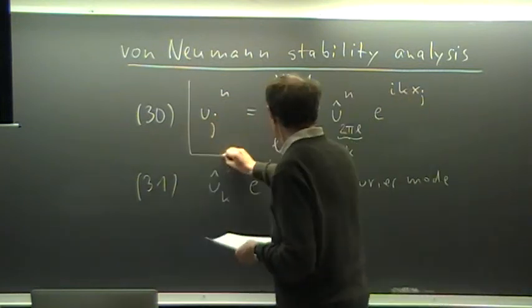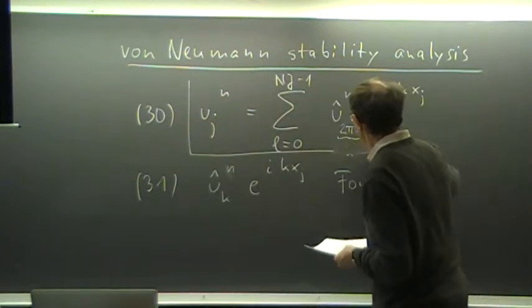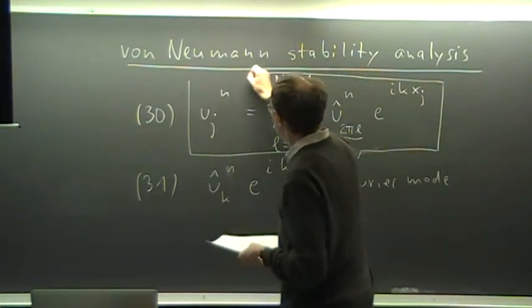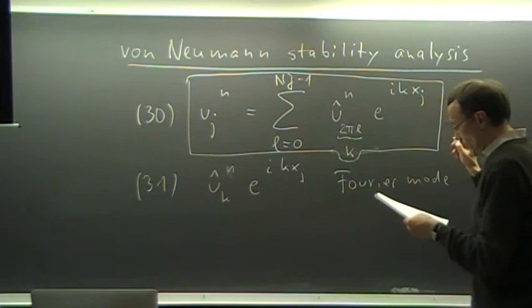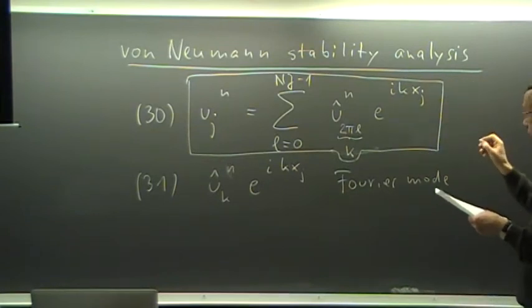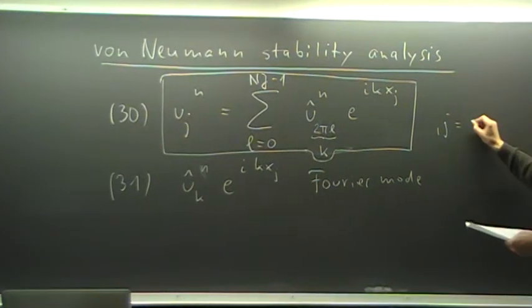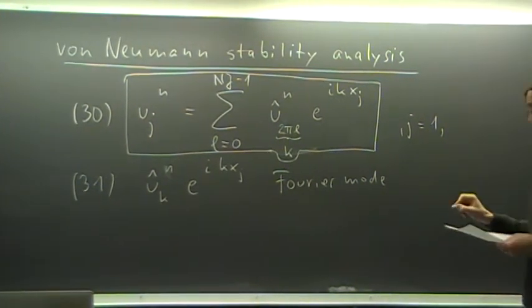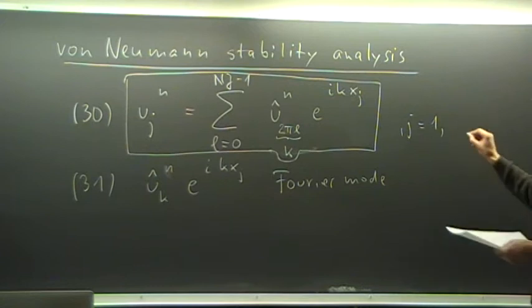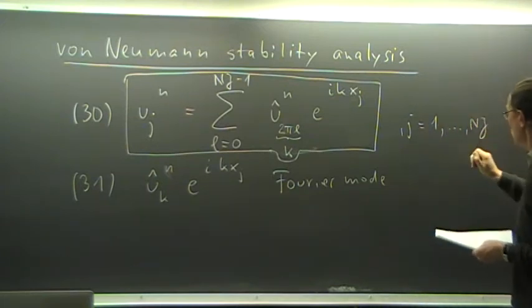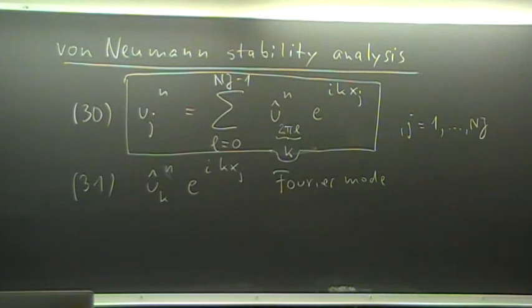First we can state that this is true for all the j's that we are considering. And since we have periodic boundary conditions, the value at 0 is the same as the value at nj. So we can consider the points 0 to nj minus 1 or 1 to nj. That is the same.